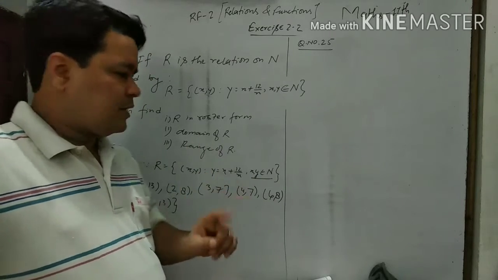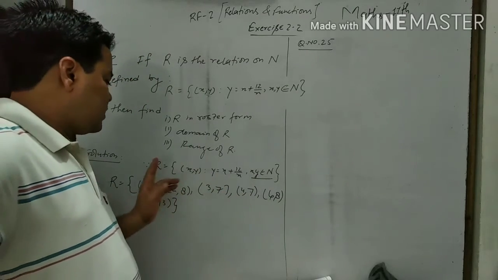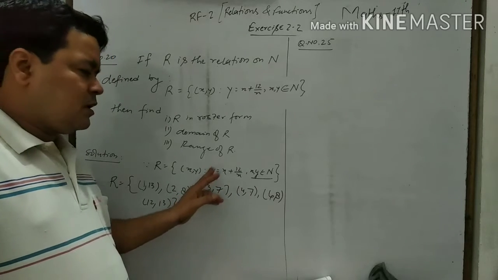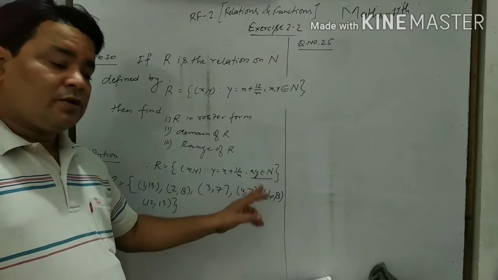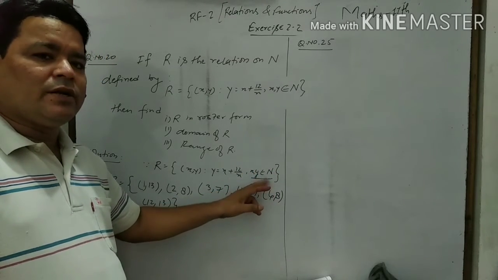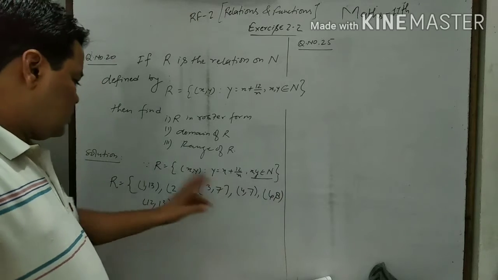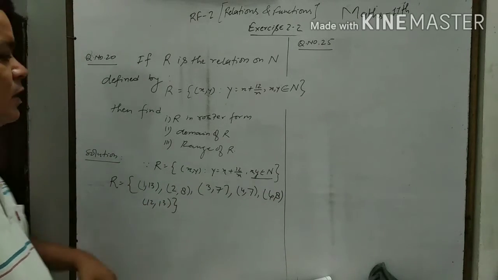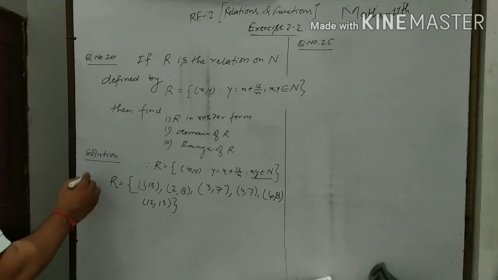Therefore, for any natural number greater than 12, the value of y will not be natural. So only these will be the elements of the relation. This is the answer of the first question.